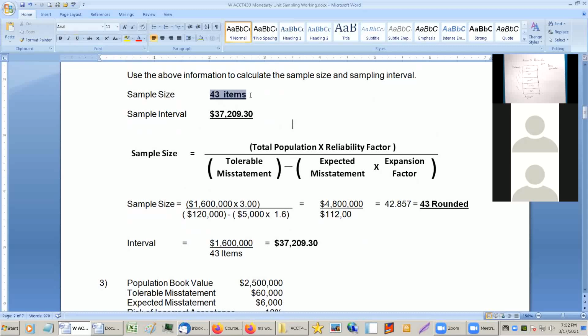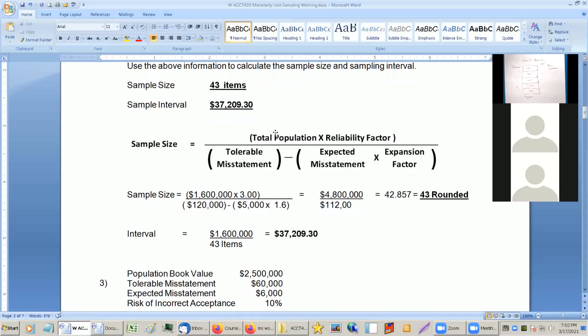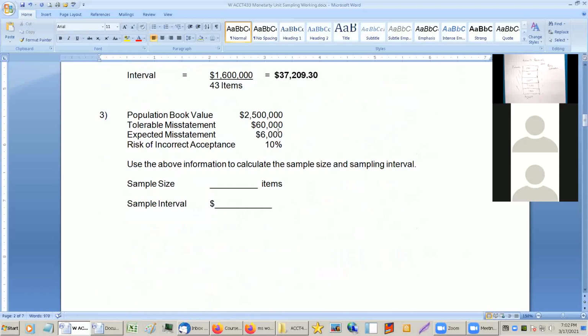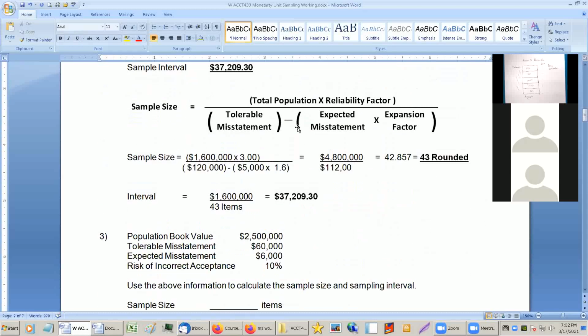If you had picked 43 items for classical sampling, now you've got to go to a random number table or generator to find them. You don't do that with this method. You do a cumulative total, and whichever one crosses the interval is picked. It's kind of cumbersome now because we're not used to using it, but it's much quicker, much easier to use than classical sampling for a lot of stuff.